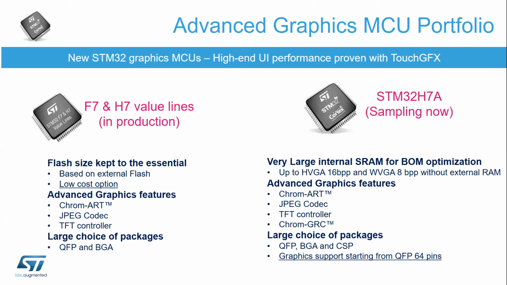And then a new H7A product is coming with more embedded SRAM, allowing you to handle up to half VGA, 16-bit per pixel resolution without any external RAM, and in packages as small as 64-pin QFP. So very cost-effective graphic support. Of course, these products are embedding our accelerations, ChromArt, JPEG, and TFT controller.